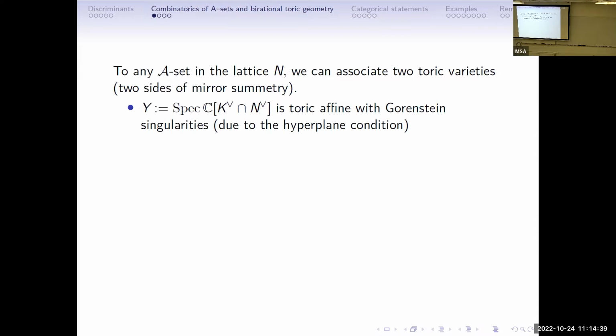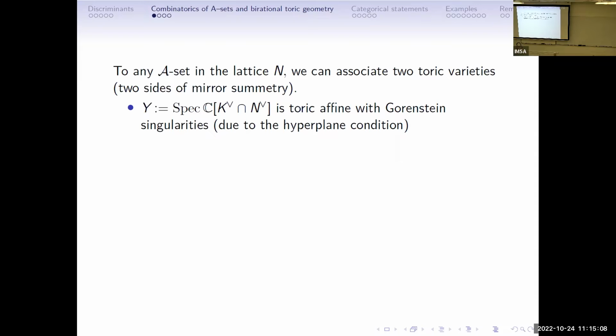You take the cone K, the cone over our set, and you take the dual of this cone and the lattice points inside it, and that way you obtain the spec of this ring, a toric affine variety with Gorenstein singularities.